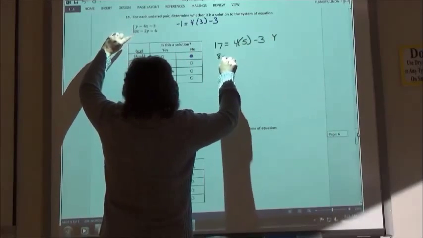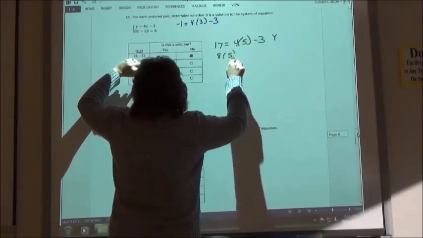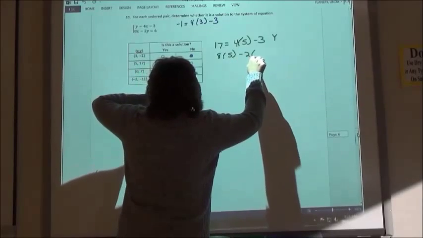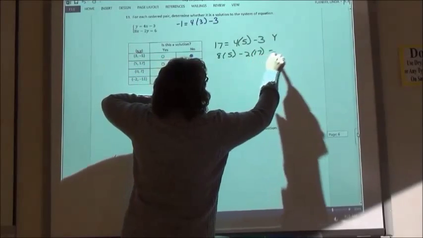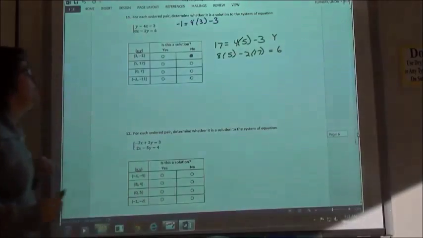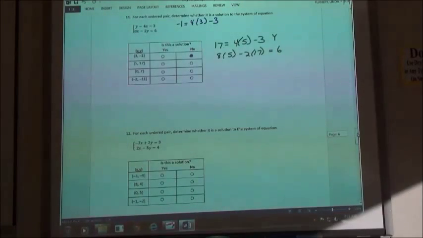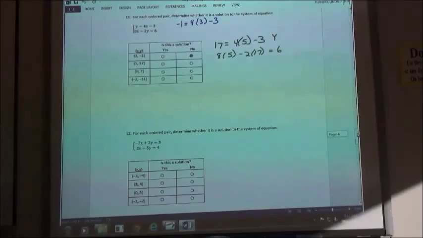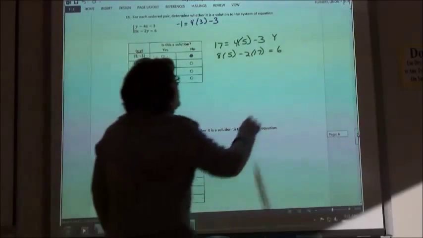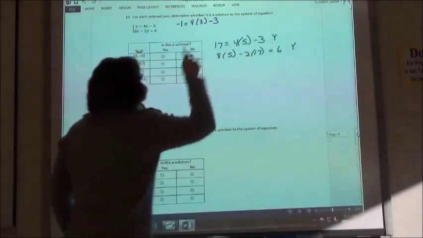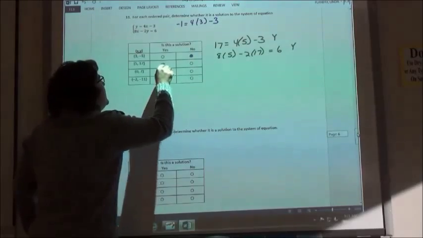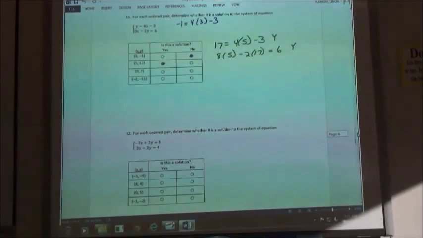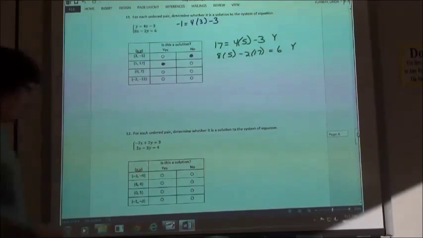So 8 times the x value of 5 minus 2 times the y value of 17, does that equal 6? Yes, it does. 40 minus 34. So I got a yes and a yes, so for that second point, I get to mark yes, it did work in both of my equations.